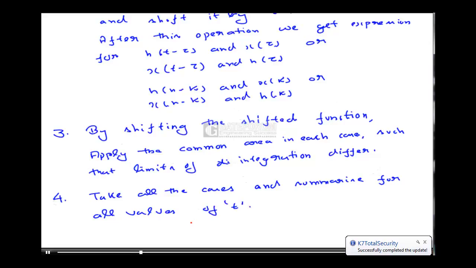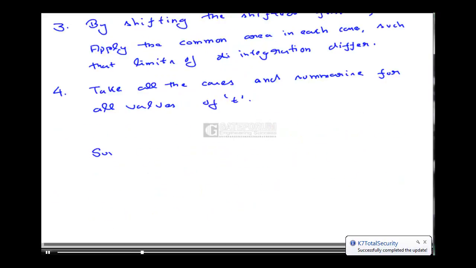So in that process, what will be the range of t? If we want to know the range of t, we just have to sum the lower limit and upper limit. The range of t will lie between the sum of lower limit to the sum of upper limit.